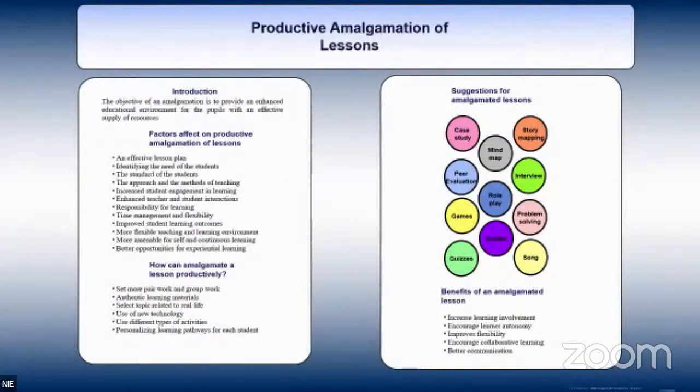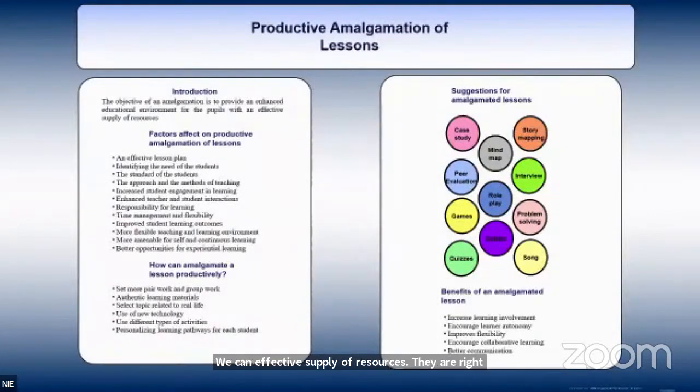As teachers, we all work hard to teach our pupils in an effective way. This poster gives some ideas to make a lesson productive. Productive amalgamation of lessons. The objective of an amalgamation is to provide an enhanced educational environment for the pupils with an effective supply of resources.